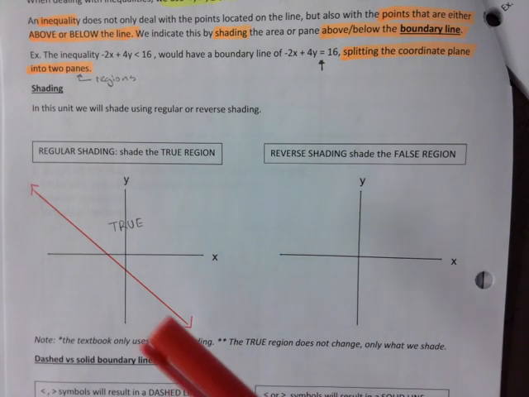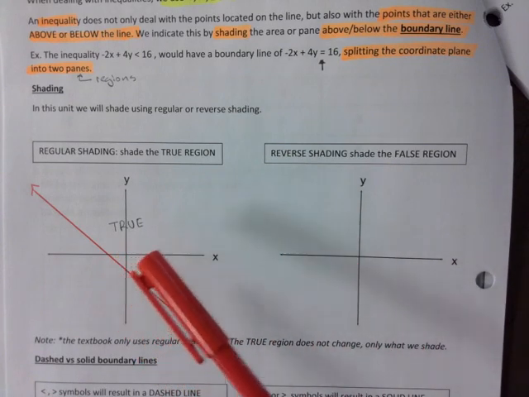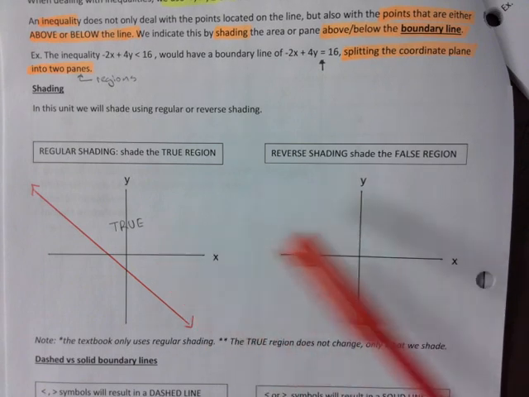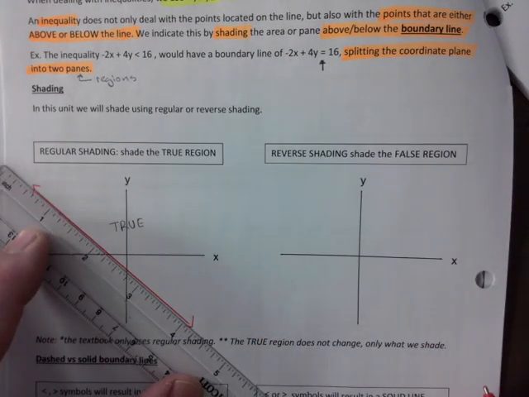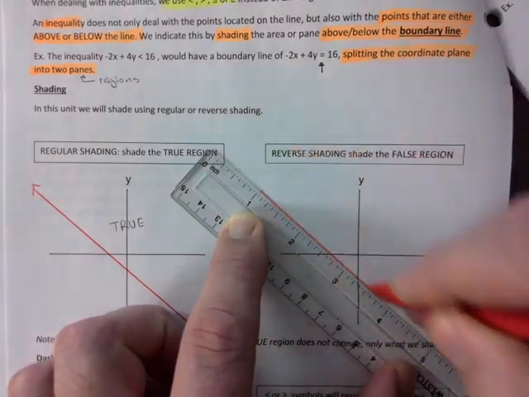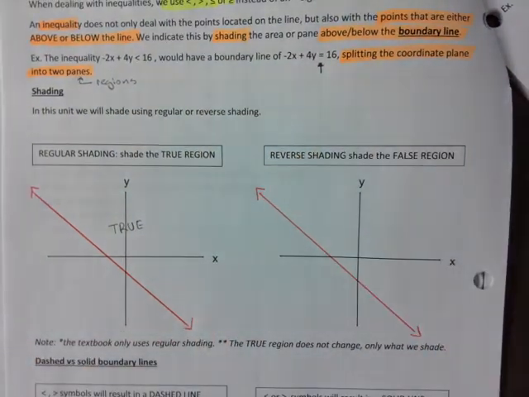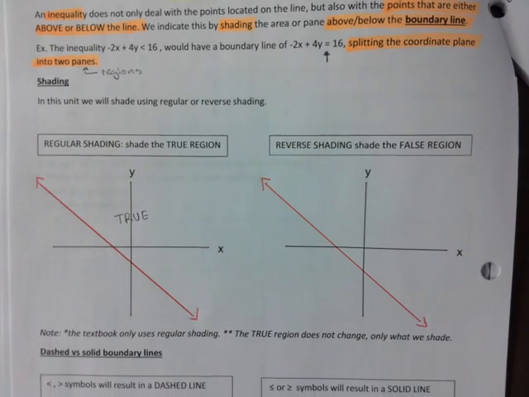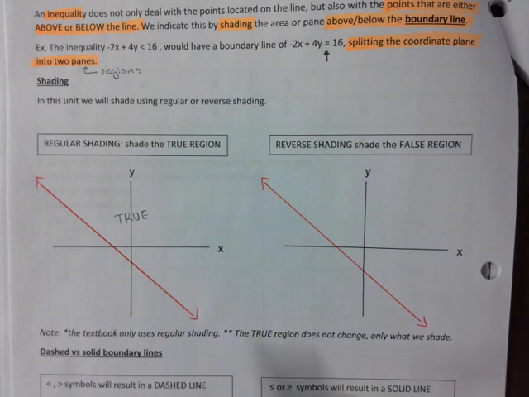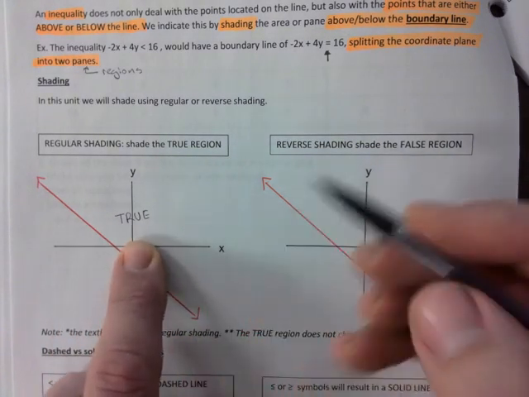And I want to make a copy of this. We're going to pretend like we're talking about the exact same inequality side by side. So how I copy is I just take that and transfer it over. Try to make it look exactly the same. And here's something that I really want to emphasize today. If the true region is above the boundary line, it stays there.